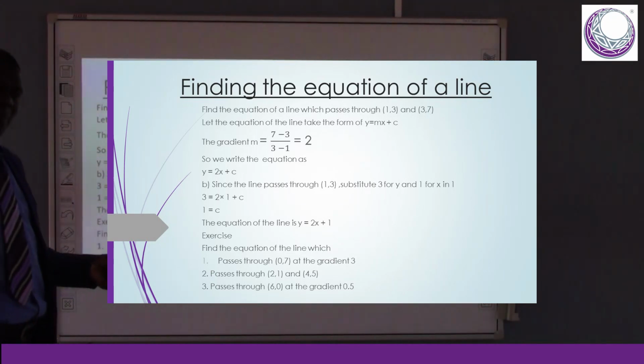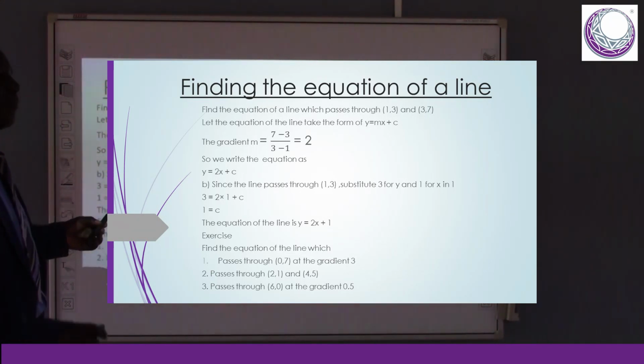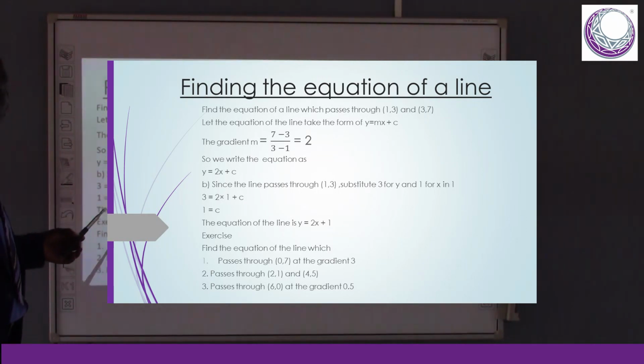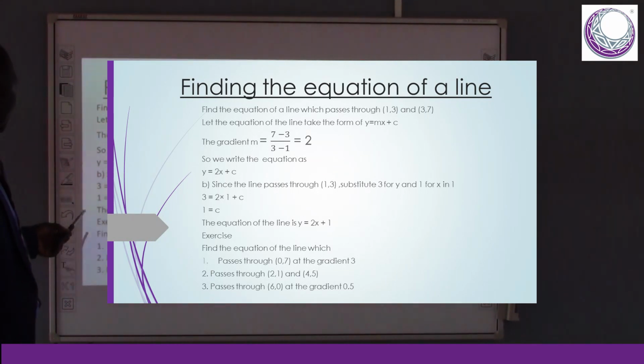My main aim here is to find the value of c, so that I make my equation a complete equation. So 3 is equal to 2 multiplied by 1, which gives me 2, plus c. If I take 2 from 3, that gives me 3 minus 2, which gives me 1. Therefore, the value of c is equal to 1.